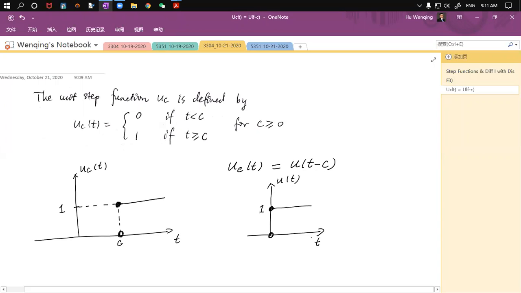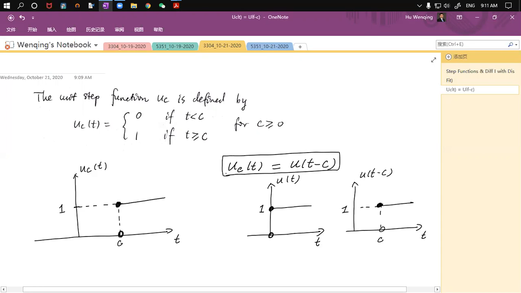And therefore, if you shift it, if you consider u(t minus c), you're going to have the following picture: this function is 0 before time c, and starting from time c, it becomes 1. Is that good for everybody? The reason we introduce two such symbols is because they appear simultaneously in this class.